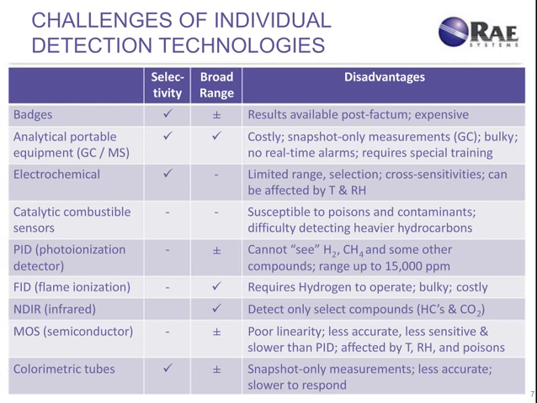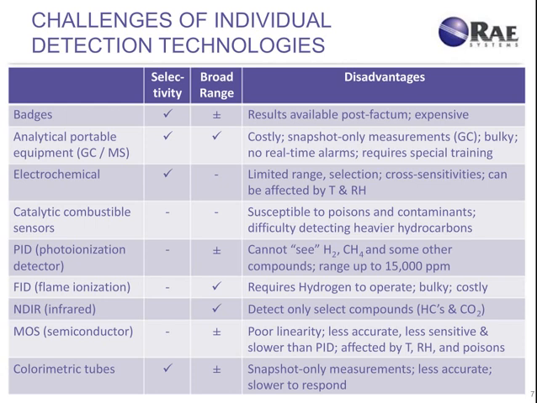They're fairly broad in range, but the limitation of this technology is that the results are available post factum and lab analysis is expensive. If you look at the analytical equipment that is also available in a portable or somewhat portable format, such as gas chromatographs and different spectrometry and spectroscopy equipment.